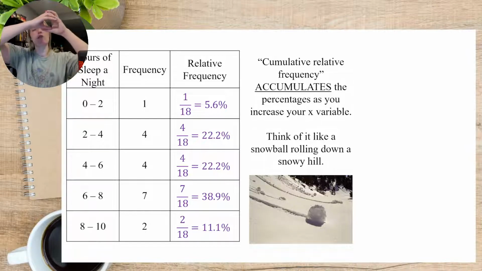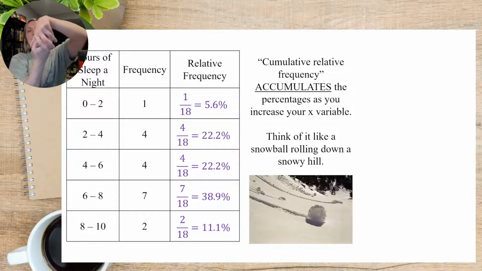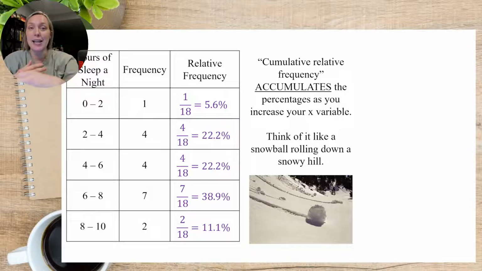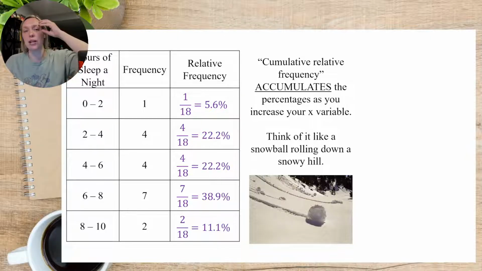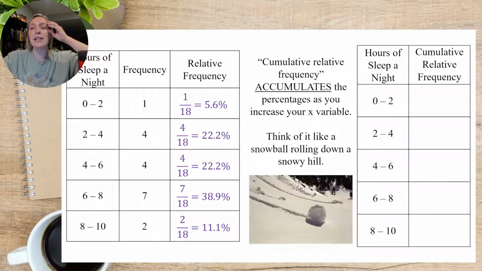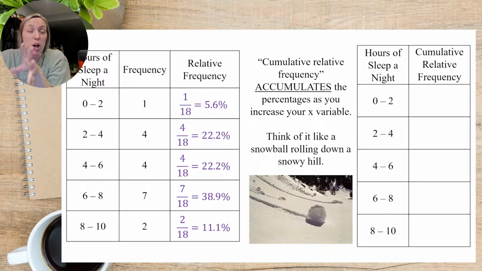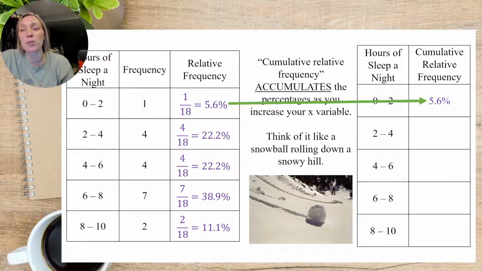If you have a small snowball and it starts rolling down a hill, it's going to accumulate snow as it rolls down. So by the time it gets to the bottom of the hill, you're going to have a big snowball. That's kind of what cumulative relative frequencies do. We start at the smallest interval, 0 to 2, with the smallest value.